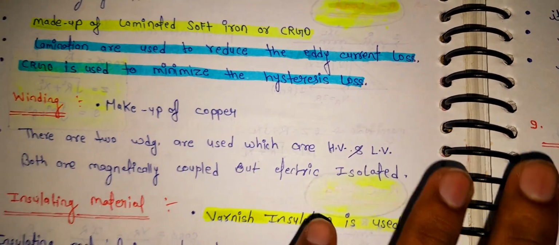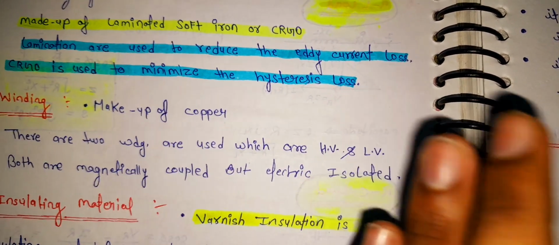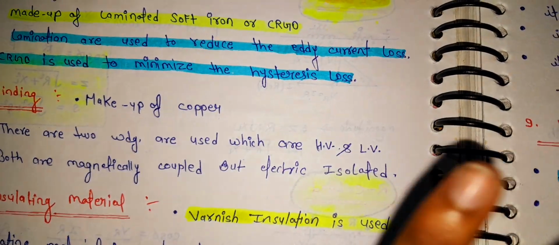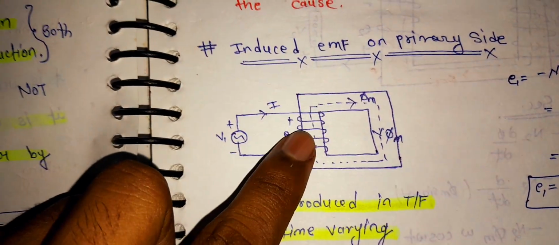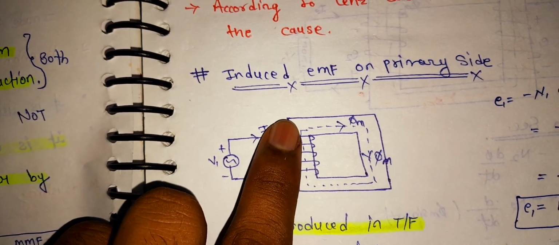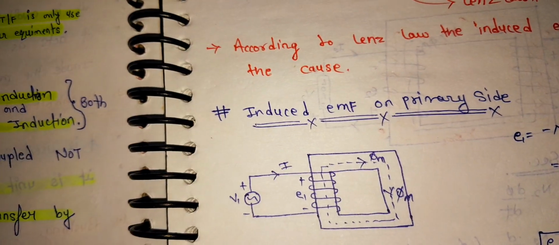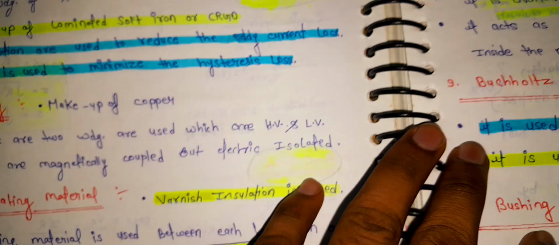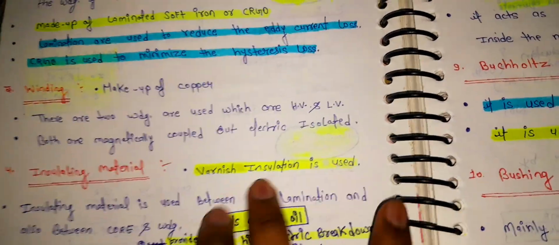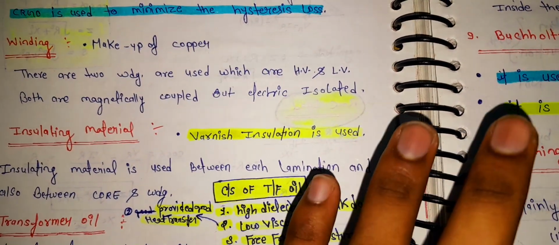Both windings are electrically isolated, with no connection between them, but magnetically coupled through the flux, which is generated according to Faraday's law. For insulation we use varnish insulation between each lamination and also between the core and winding.